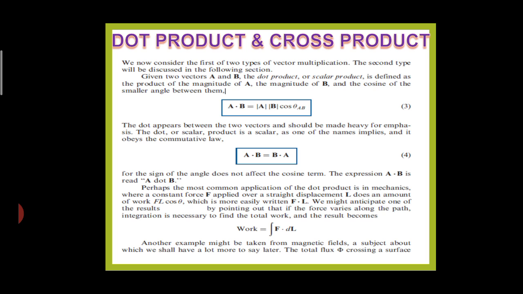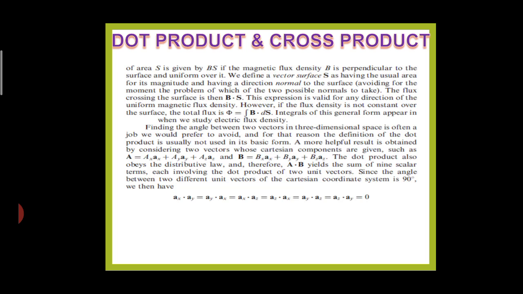The total flux phi crossing a surface of area S is given by B dot S. If the magnetic flux density B is perpendicular to the surface and uniform over it, we define the vector surface S as having the usual area for its magnitude and a direction normal to the surface, avoiding for the moment the problem of which of the two possible normals to take. Here the total flux is phi equal to the integral of B dot dS.